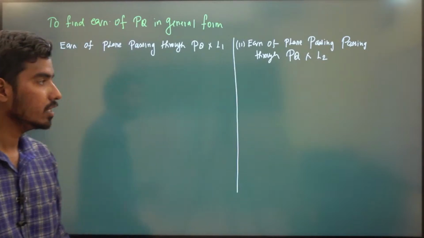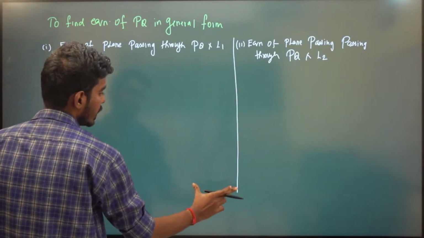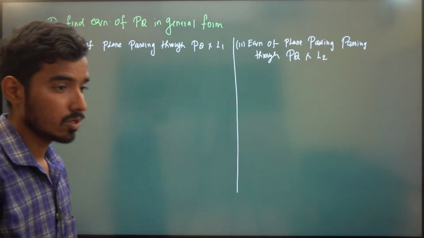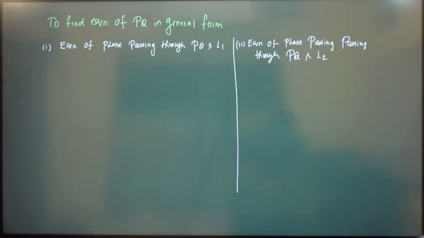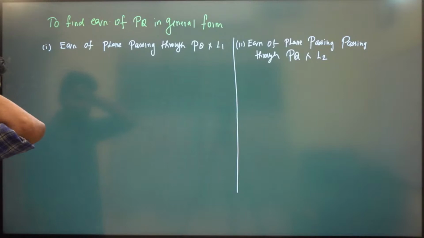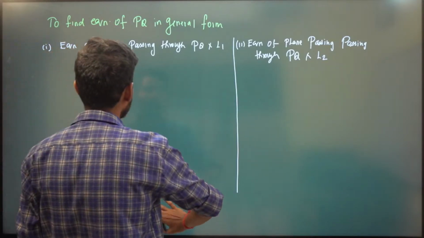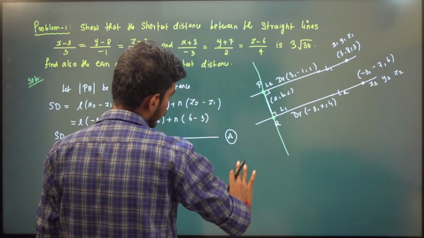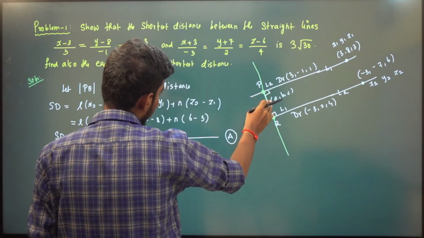It is hard to draw that diagram. So you will have one plane here, combine them, and you will get the general form. You need to find the equation of plane passing through PQ and L1, and PQ and L2. That will give you the general form.